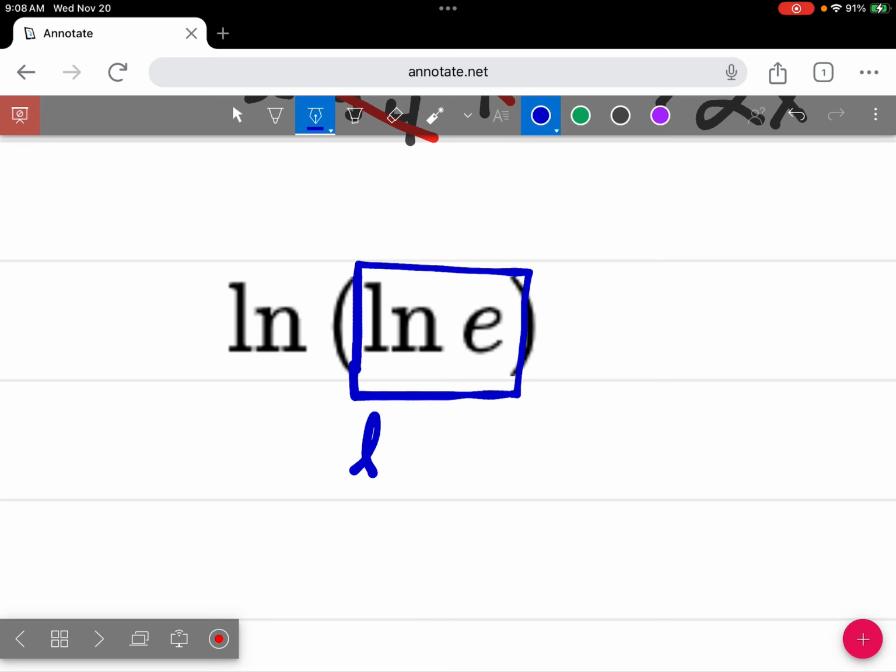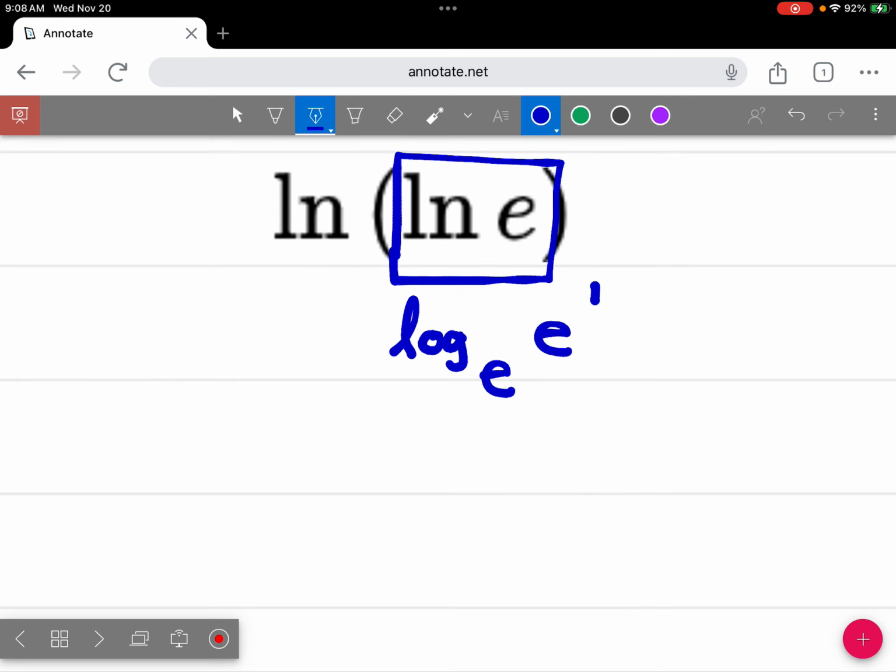When in doubt, think of this as log base e of e to the first. Then it's exactly what we were doing up at the top. When our base of the log and our base of our exponential are the same, they cancel out and we're left with just our power. So this just becomes 1.